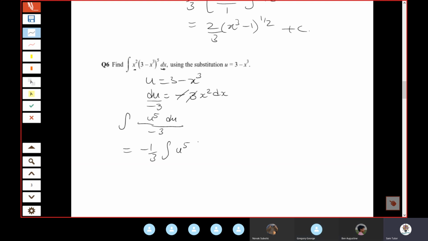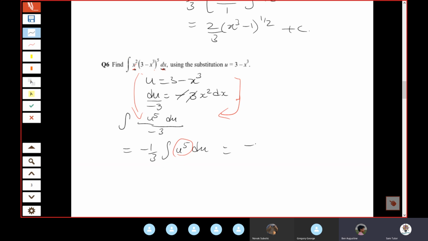And then really just integrating u to the power of 5. Look how simple that is. What a simple question. For an Extension 1 like question, that seems fairly straightforward. So it's just getting this step wrapped around your head, understanding how to substitute each of these letters, these x's, and then you're replacing them for u's.